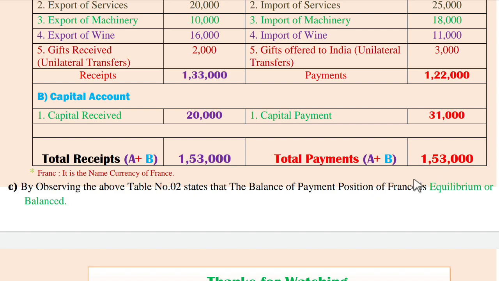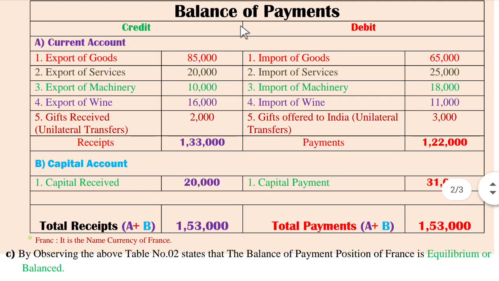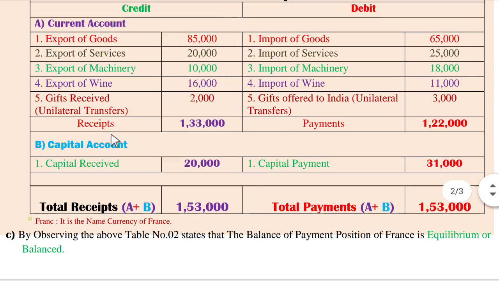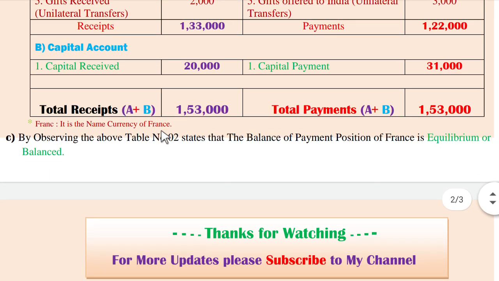So this is the discussion concerned with the measurement or calculation of balance of payments, including the current account and the capital account.